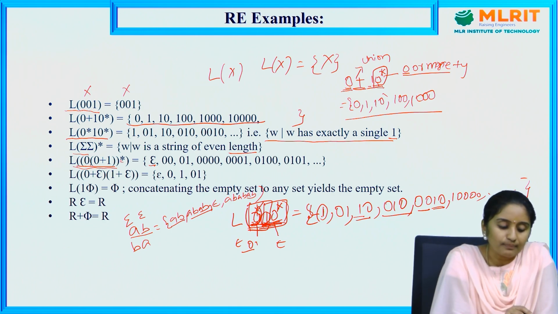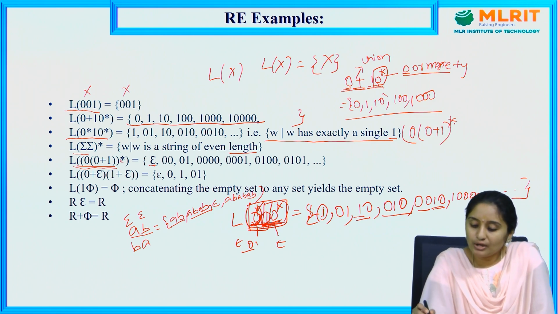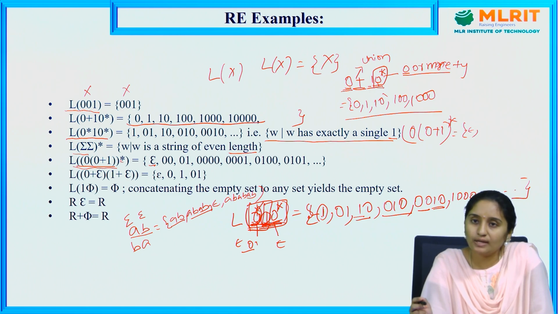So what is 0 or 0 plus 1 whole star? First time I have read epsilon, which is nothing but 0 times. The next time it is in the form of concatenation, so I am going to read 0.